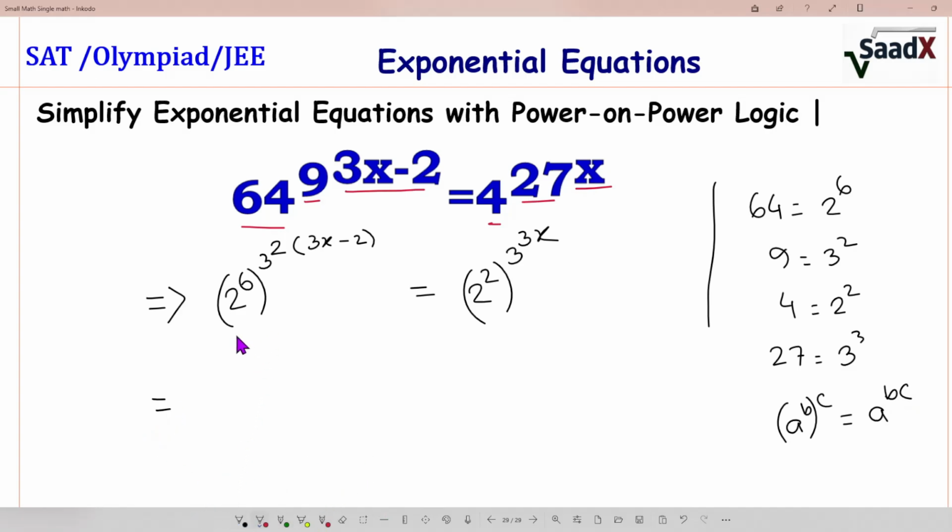Now here is 2 to the power 6, then 3 to the power 2 times 3x minus 2 is 6x minus 4. Similarly, here is 2 to the power 2, and this one becomes what? 3 to the power 3x.